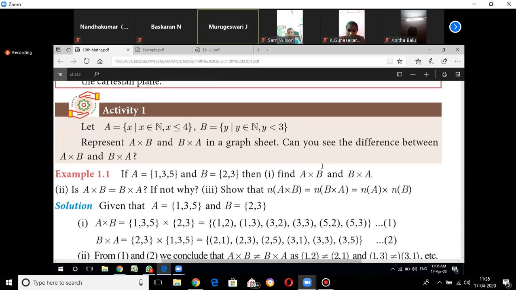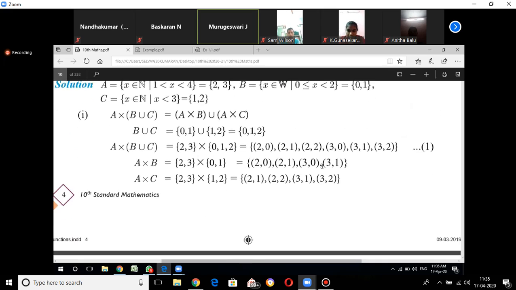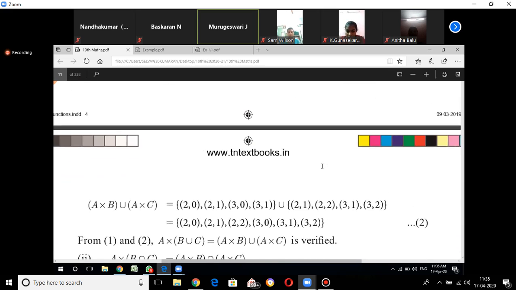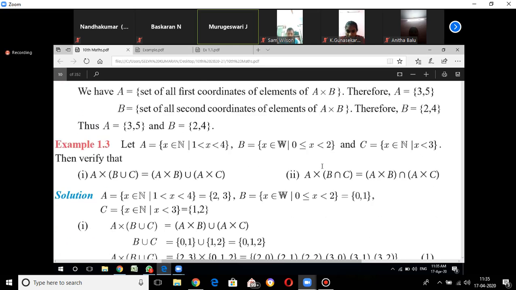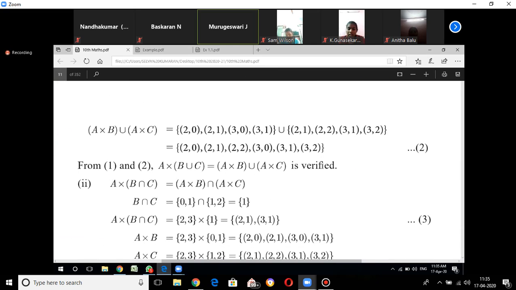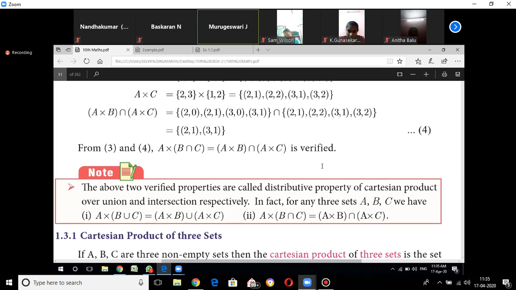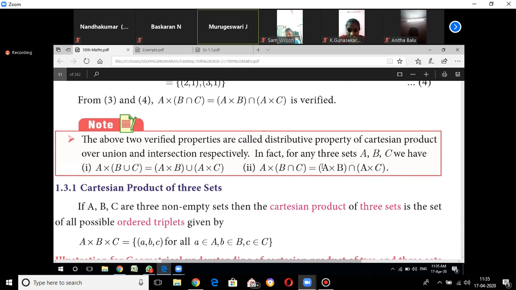Okay. Next, ma'am, distributive property. What is the distributive property? You already learned distributive property, no? Distributive property of set union and intersection. You already learned it in 9th standard. This one is very simple. Two properties: distributive over union and distributive over intersection. Easy to write.